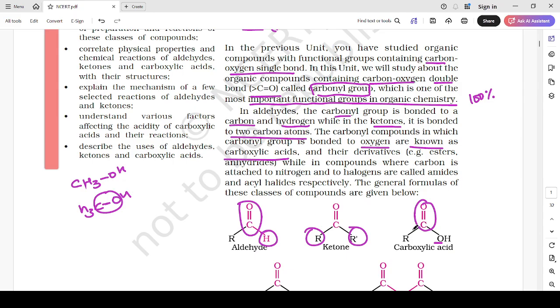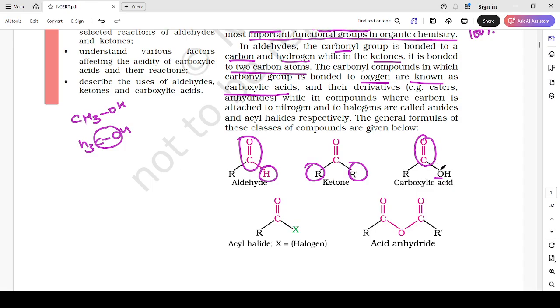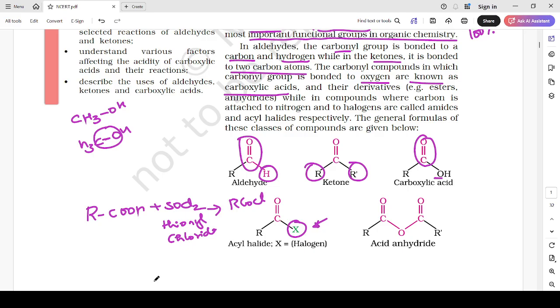In the carboxylic acid, we are having derivatives here. Derivative means what all I can synthesize from the carboxylic acid. I am having carboxylic acid, and to this I am adding thionyl chloride, where it will convert it into RCOCl. This is the halogen that they have denoted here.